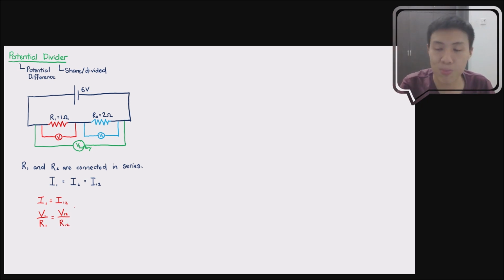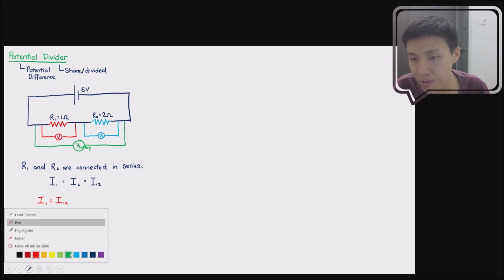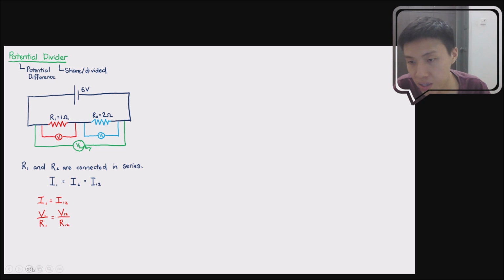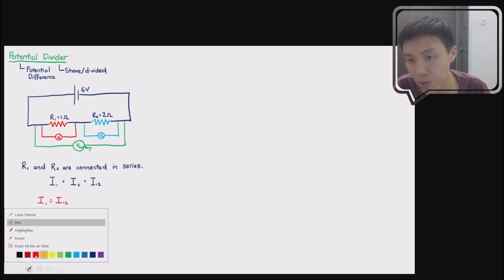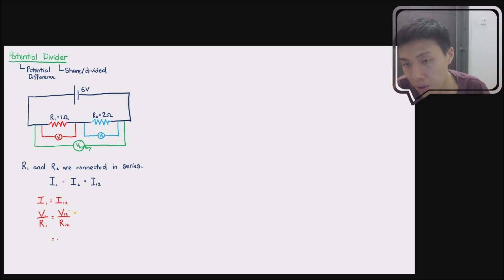Once you reach this point, we can make a bit of interesting adjustment to see how everything works. The first thing I want to do is rearrange it a little bit by bringing V12 to the side. Now the equation will be V12 on the side. As I mentioned earlier, if I encapsulate both R1 and R2 together to measure across them together, you get V12, and V12, as you can see over here, should be the same as the voltage across the battery.